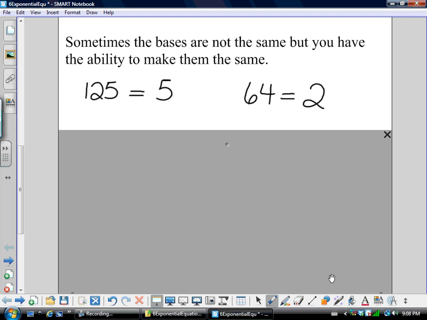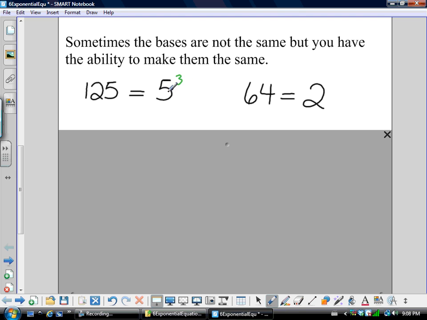Right now, this is not equal. We all agree that 125 doesn't equal 5. In order to make it equal, I can change the number 125 to a power of 5. And again, usually we're talking about things that are easy to use without our calculator.